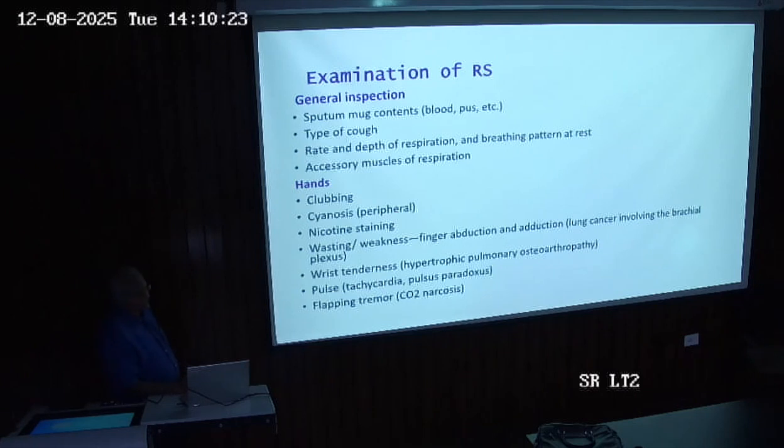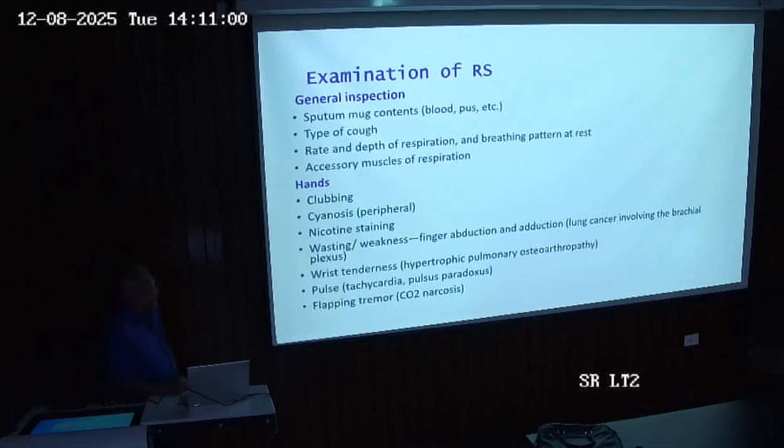Carefully you should examine the hands, which can show clubbing in pulmonary disorders, and cyanosis, which is usually peripheral. It is central plus peripheral in congenital cyanotic heart disease. Also look for nicotine stain, and wasting and weakness of the finger or the forearm, which means that the cancer is involving the lower part of the brachial plexus if it is located in the apical region.